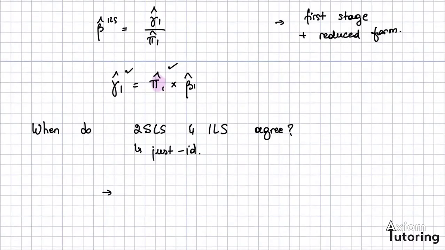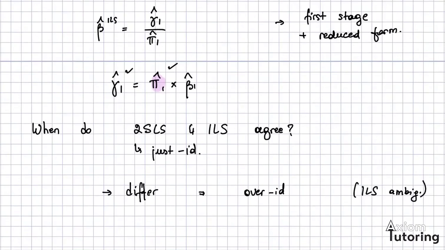But they also disagree or differ in the over-identified case, meaning you have more instruments than endogenous variables, because in this case, the ILS actually becomes ambiguous.